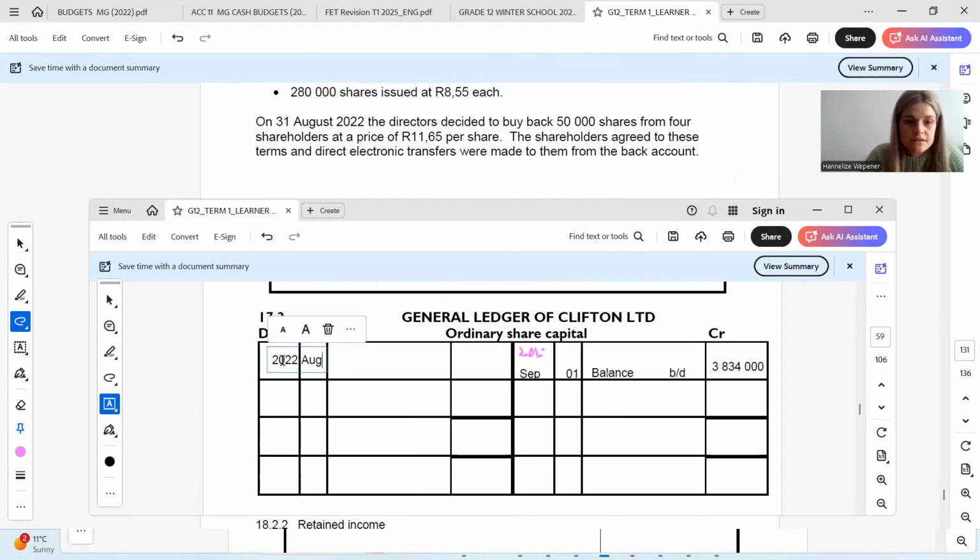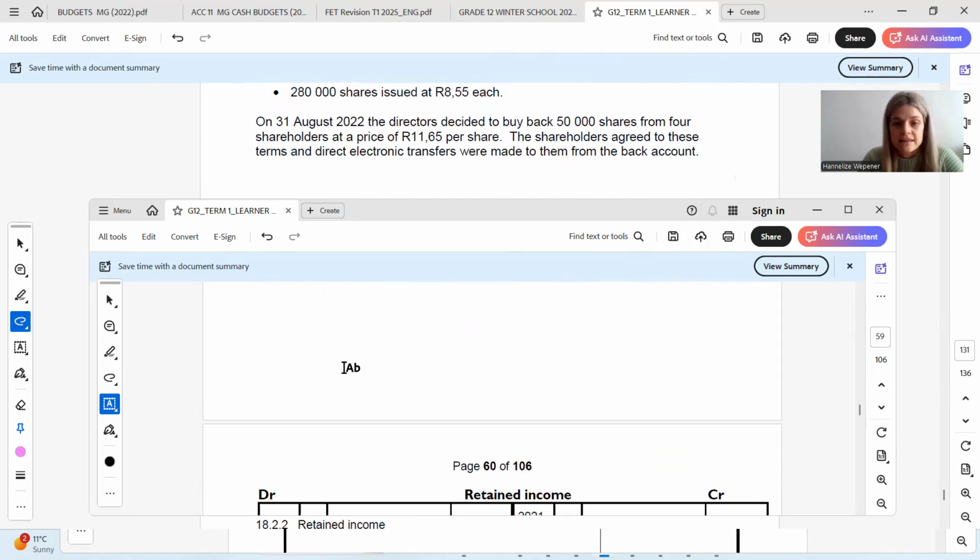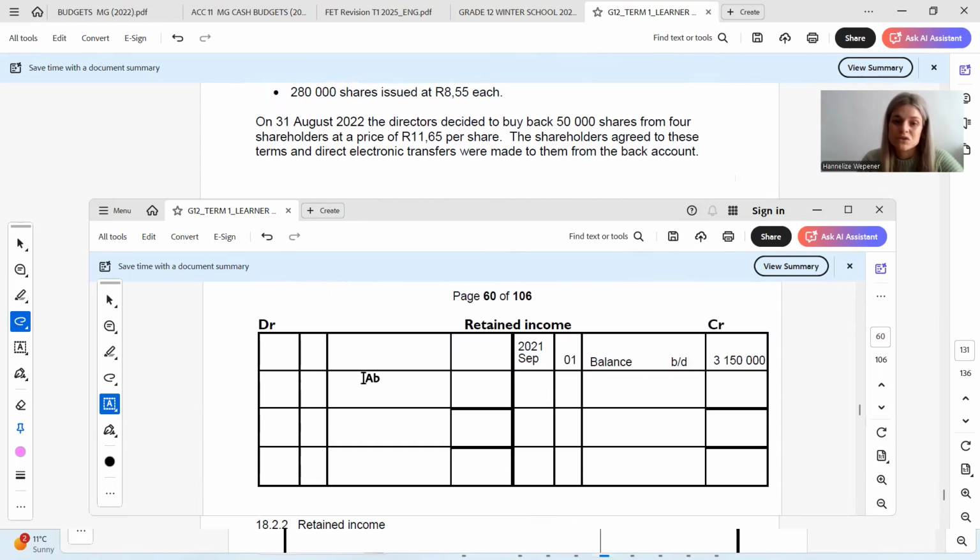So we are saying that we no longer have this ordinary share capital within this account because this buyback occurred. And then we also took some of our retained income to help fund this buyback.